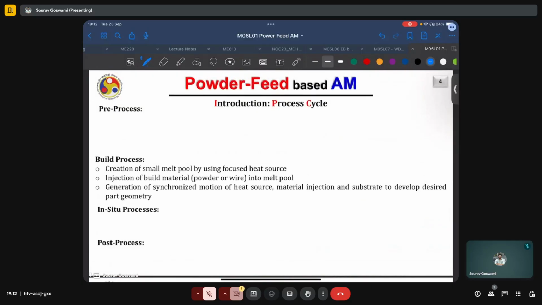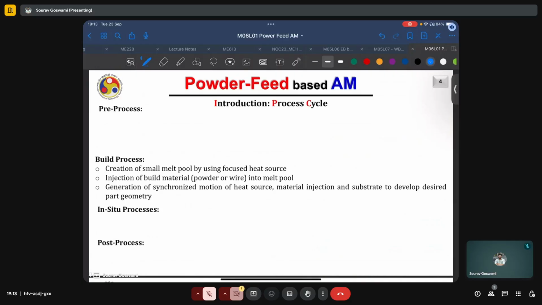Just like all other AM processes that we have been studying, this also has the various cycles, those being the pre-processing, build process, in situ processing, and post-processing cycles. In situ process cycles, as we were discussing last week, are those where we introduce, say, an additional machining step, or a forming step, or some laser shot peening or ball peening step to improve the material properties of the deposited layer.